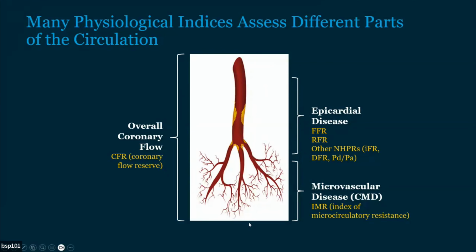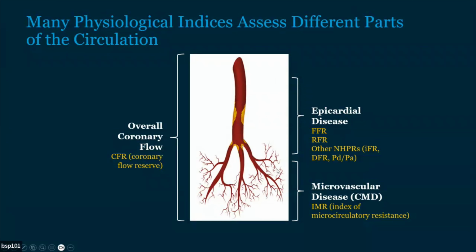The way that we're able to figure out where the problem is coming from is on the right. First, we can do our typical physiological indices in the cath lab, which are FFR, RFR, sometimes also known as IFR, where we confirm that there's no significant blockage in the big vessels of the heart, the epicardial.